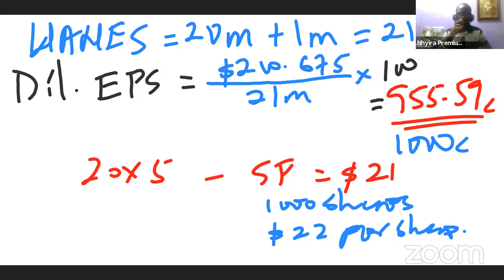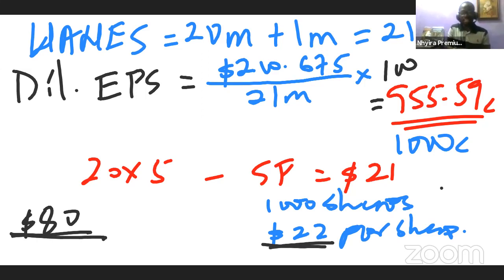In 5 years' time, should they work well, our share price may be somewhere around $80 per share. So the bonus component is that when they buy it at the 22, they will sell at what? 80. And so the difference becomes the bonus that they are getting for working with us. Again, how does this concern earnings per share? Because this is more or less like IFRS 2 share-based payment.